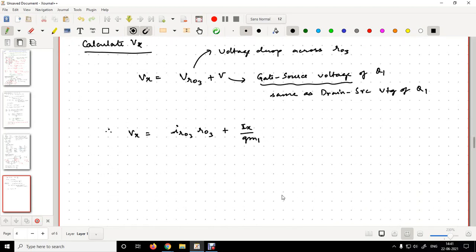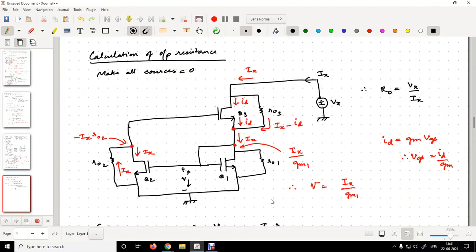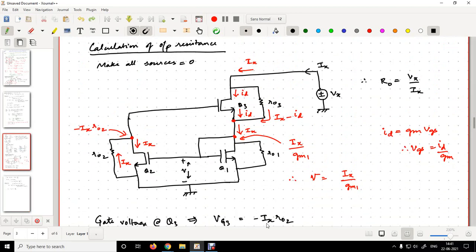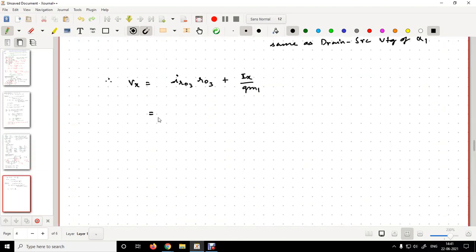Now IR03, the current flowing through R03, is Ix minus ID. So this is Ix minus ID into R03 plus Ix by Gm1. So Ix value you substitute, ID value you substitute.